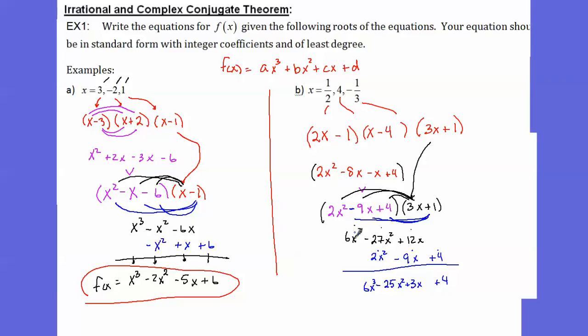Notice how they're stacked so that in these columns you have like terms, and I should have probably organized this 6x cubed to be underneath to make it a little more clear. This next term, the 27 and the 2 will combine to make a negative 25x squared, and then just following the columns on down.